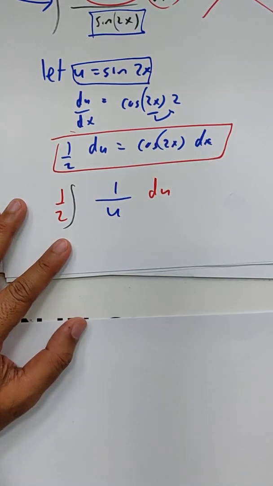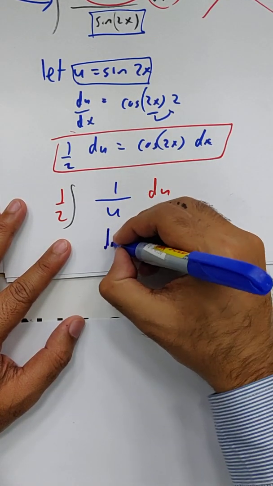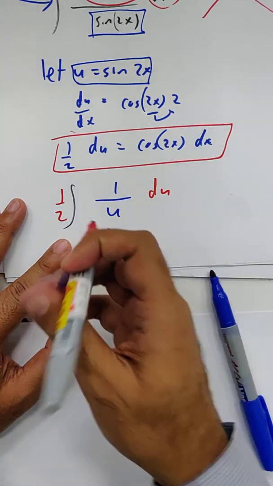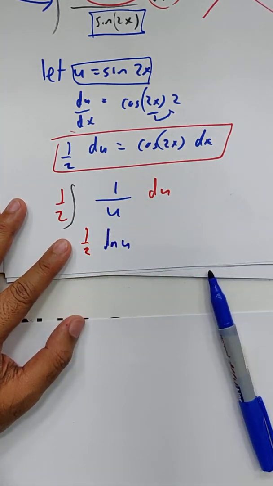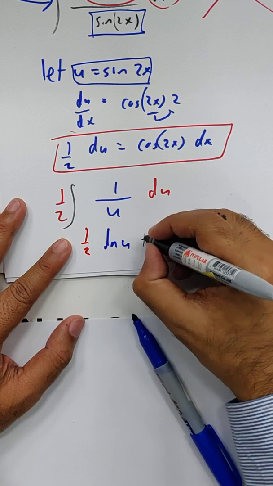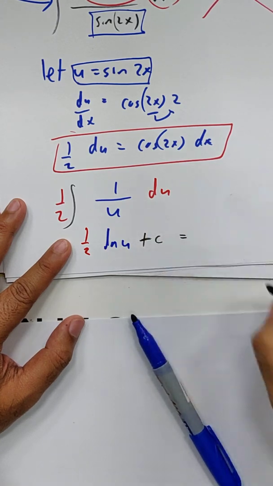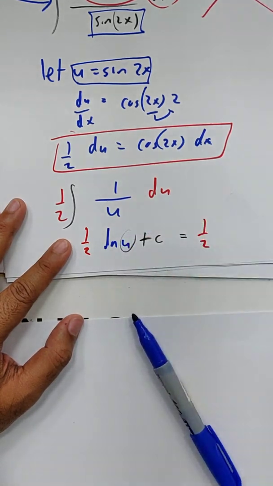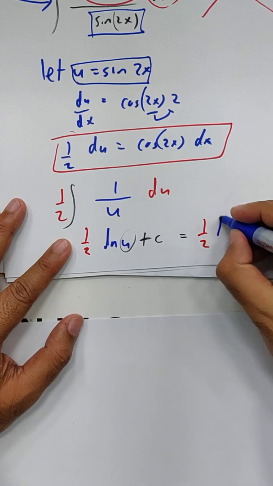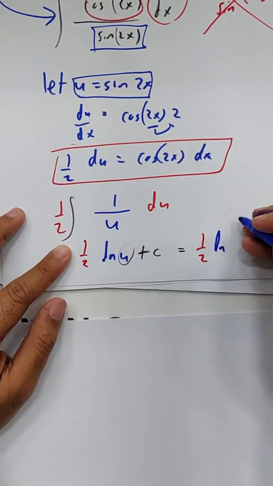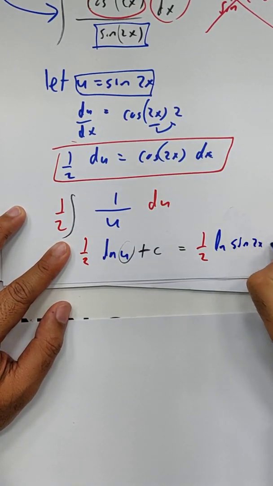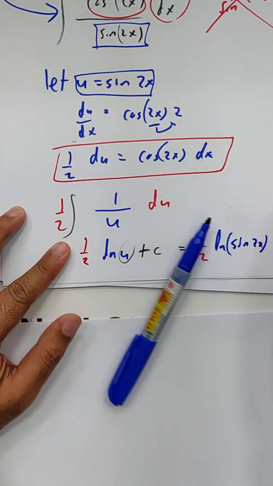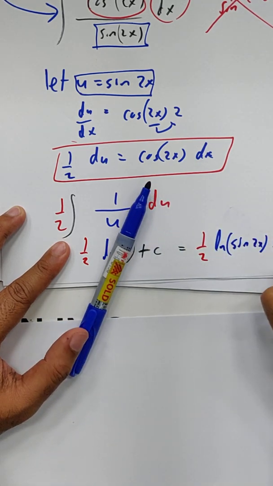Integrating 1 over u, ln u. Are we okay with this as our final answer? Why not? You need to sub back your u, so you got yourself ln sin 2x plus c. Okay?